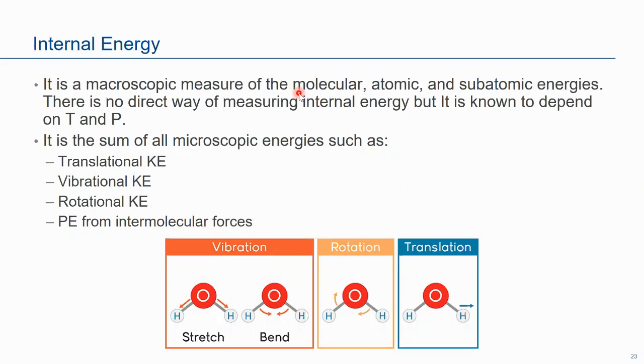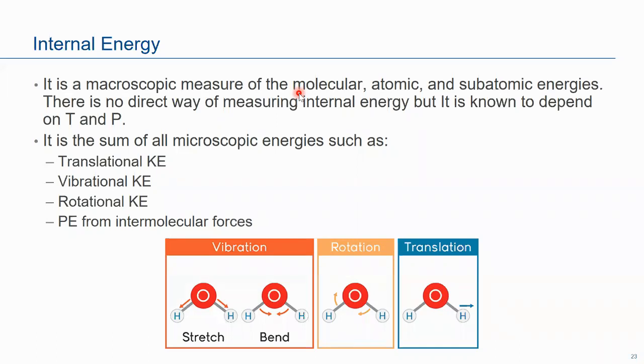However, we cannot measure ang kinetic energy ng isang particle. For example, mahirap gawin yon. And imagine you have a collection of particles and there will be millions of them. So it's impossible for you to directly measure that amount of energy. Kaya sinabi natin na macroscopic measuring internal energy kasi ang tanging paraan para ma-measure natin or magkaroon tayo ng idea doon sa total energy doon sa loob ng system is we try to view it macroscopically.